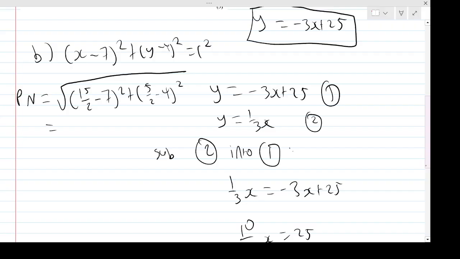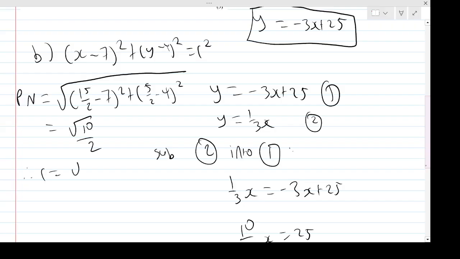If I put that in the calculator, I get root 10 over 2. I believe I put that in right. Yes, so that's the radius.